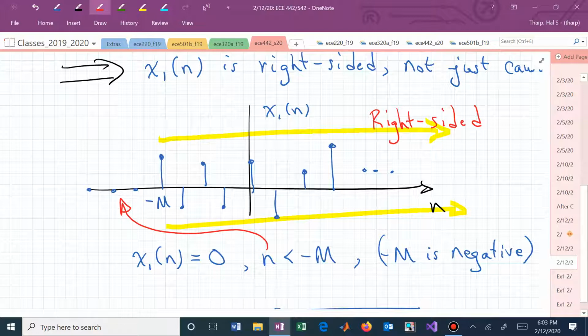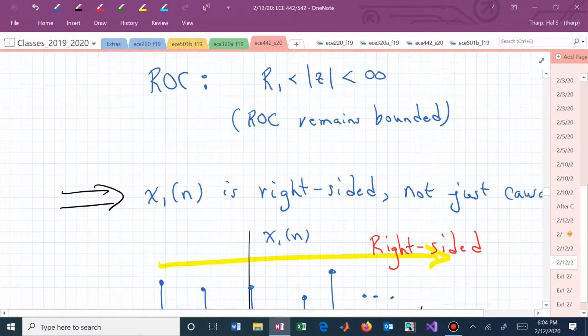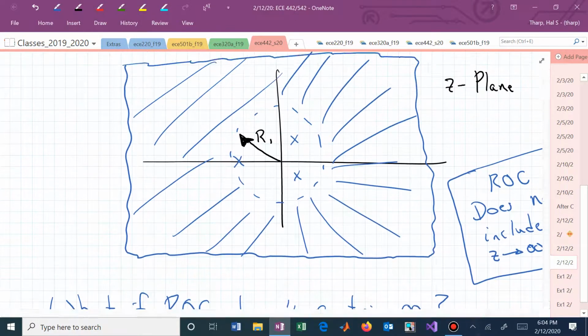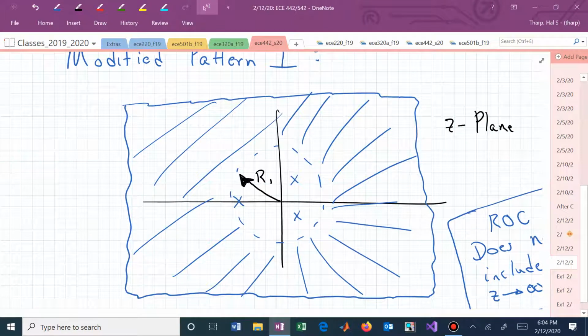Those finite terms could be present, because now z is not going off to infinity. The region of convergence remains bounded. It's now no longer unbounded. It has this box around it, where the box is saying you stay away from infinity.